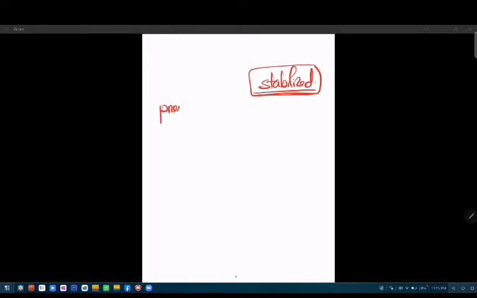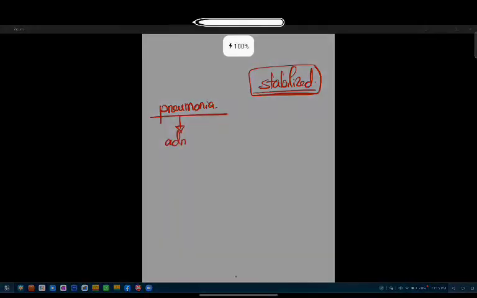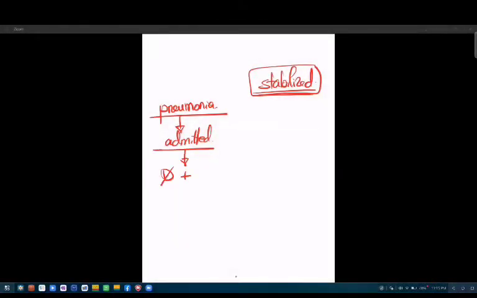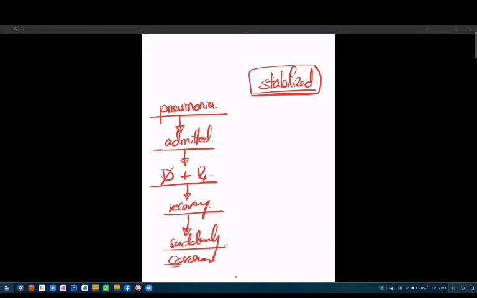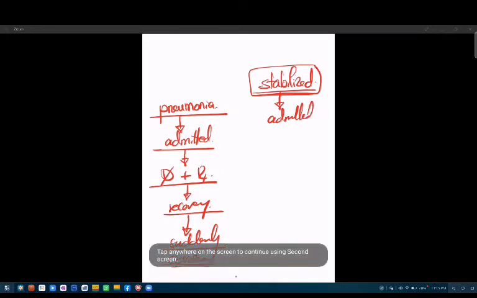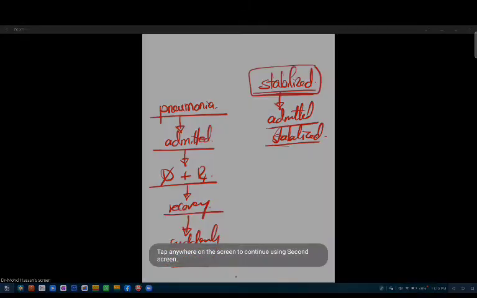If someone comes with pneumonia, for example, and was admitted, diagnosed and treated, recovering well, and suddenly passes away, this is coroner. But this lady was admitted, stabilized, did not receive any treatment yet because she was still under investigation. Nobody knows the nature of that tumor.